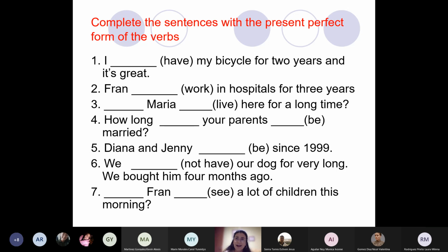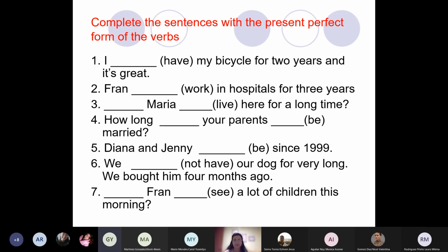Diana and Jenny have, because it's plural, been single or something like that since 1999. Very good. Remember that you say since. Como estamos diciendo la fecha 1999, entonces se utiliza since. Continue, Andrea Gómez. Number 6.